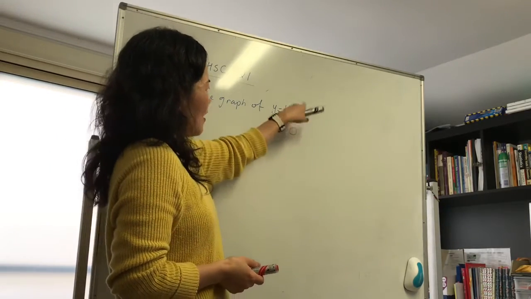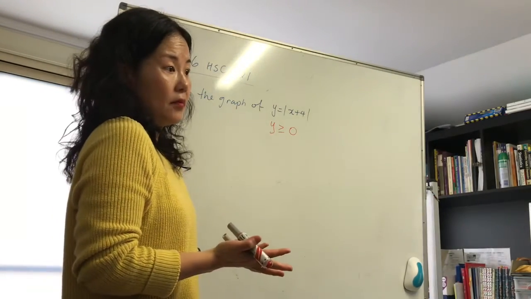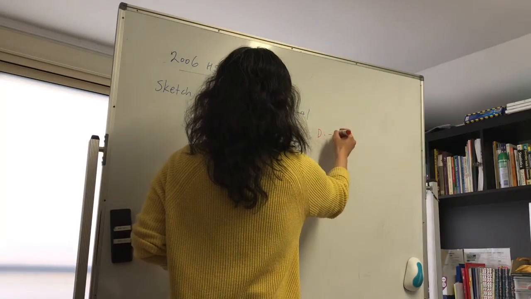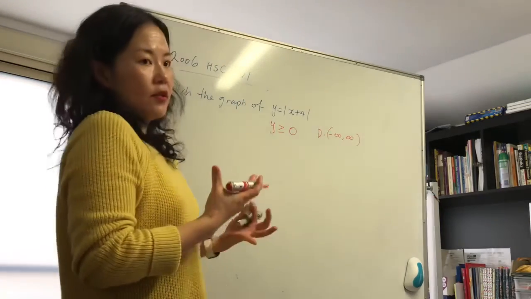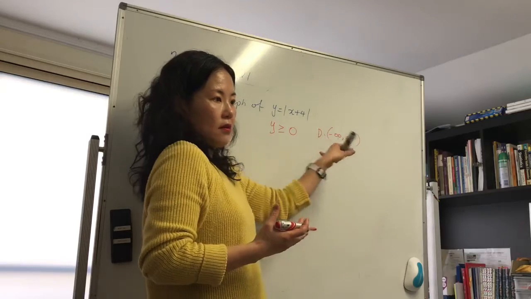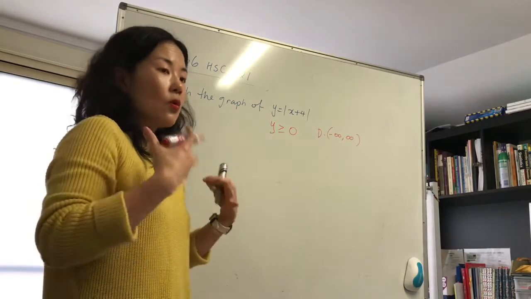Because whatever the x value, x can be anything, isn't it? We can put any x value. So say domain, any value, we can put it in. Now, do you know what that means? Negative infinity, positive infinity. Okay, so it's all x values.